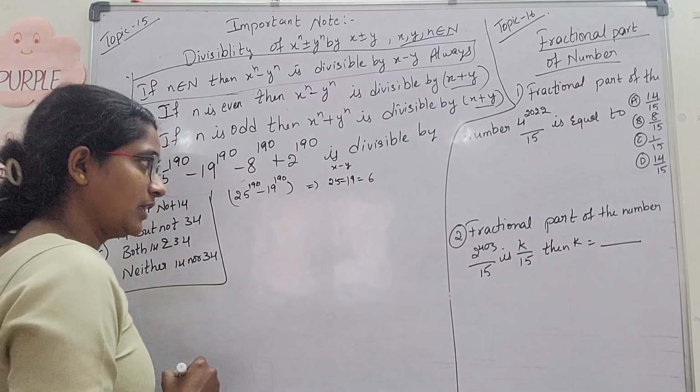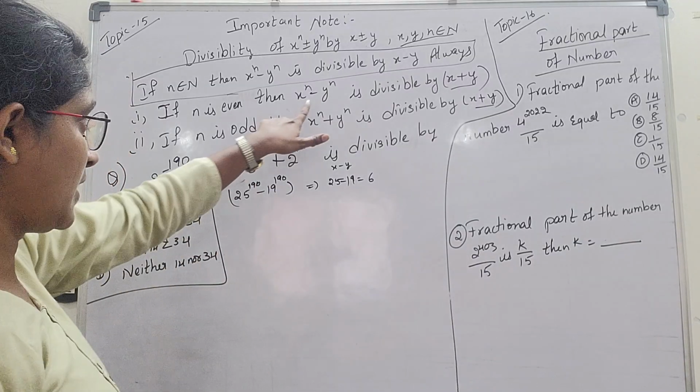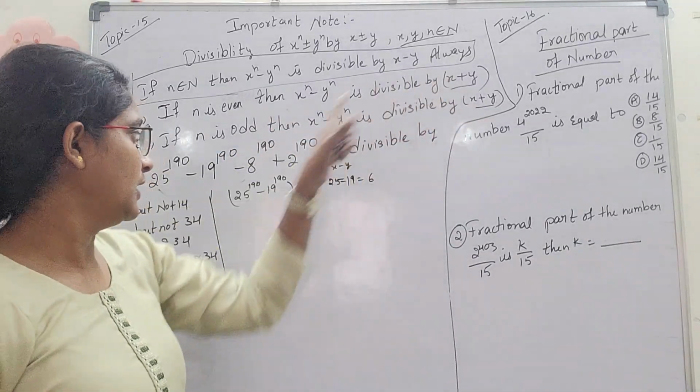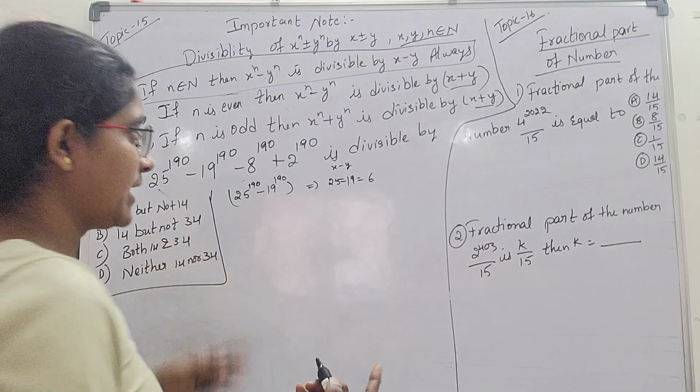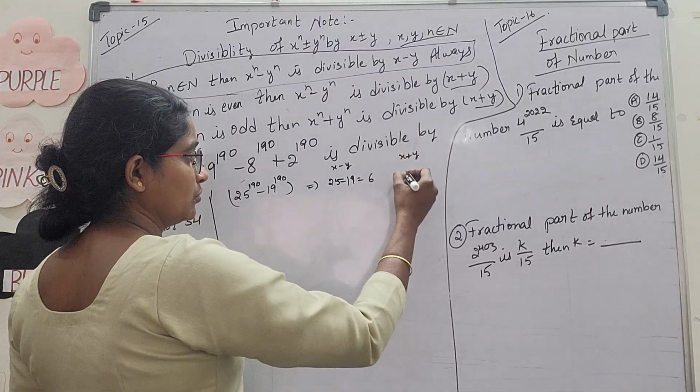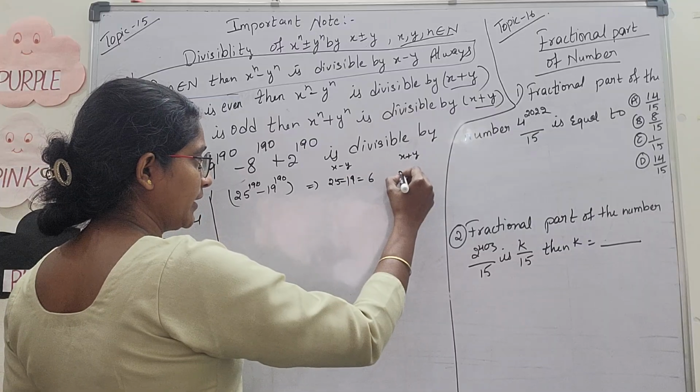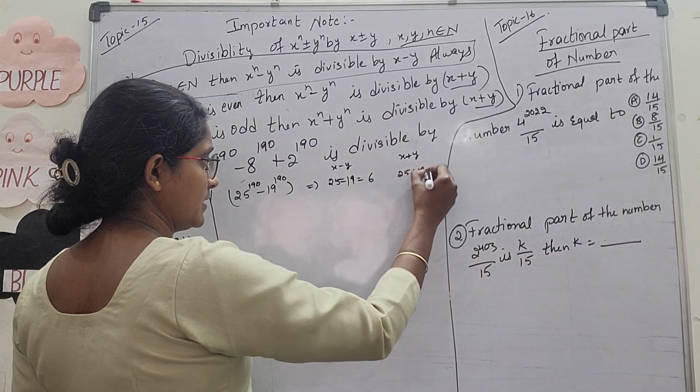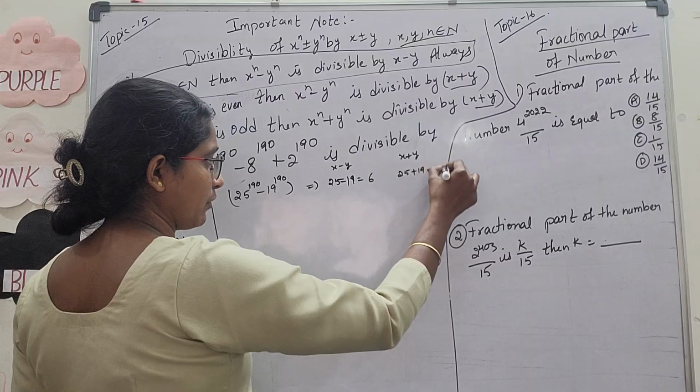But if it is minus, I can even go further, and since the power is even, I can even add also. So I'll just check which one will be useful for me. If I add it, 25 plus 19 is 44.